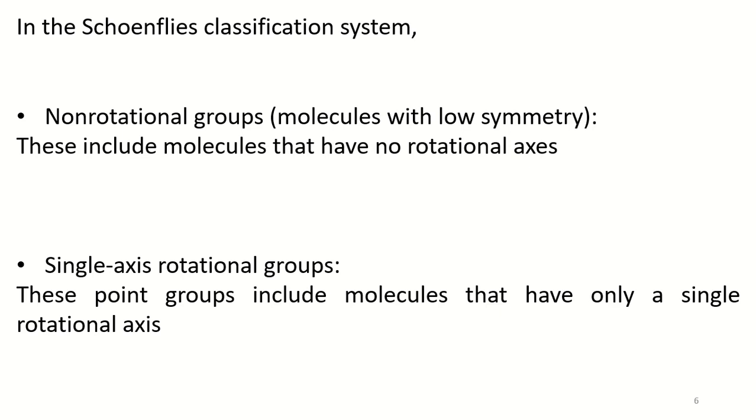The first one is non-rotational groups, which are molecules with low symmetry. These non-rotational groups include molecules which have no rotational axis. No rotational axis means there would be no proper or improper axis of rotation, and it includes the point group C1.